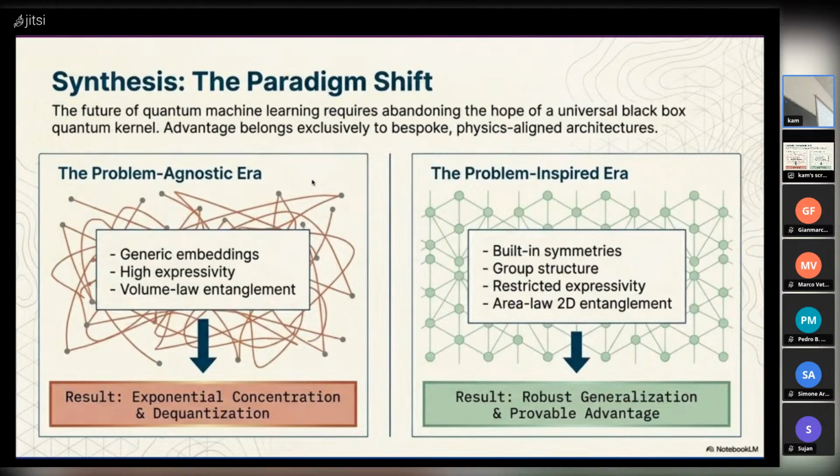For example, protein problems actually have rotational symmetry, which helps you restrict the depth of your circuit. Then you use a simple, not too complicated design, and it might bring some provable advantage. That's also something I will talk about later.